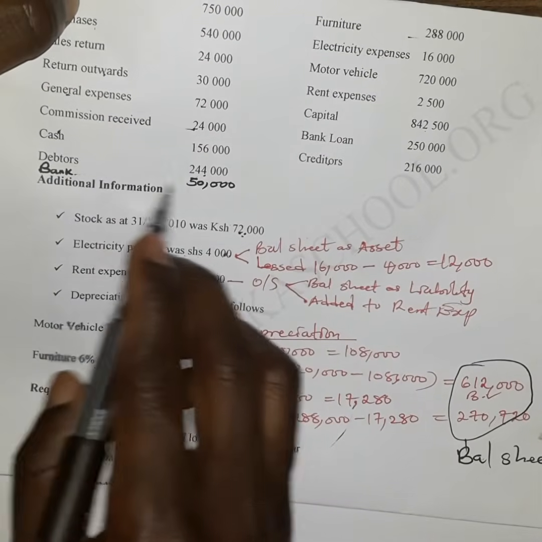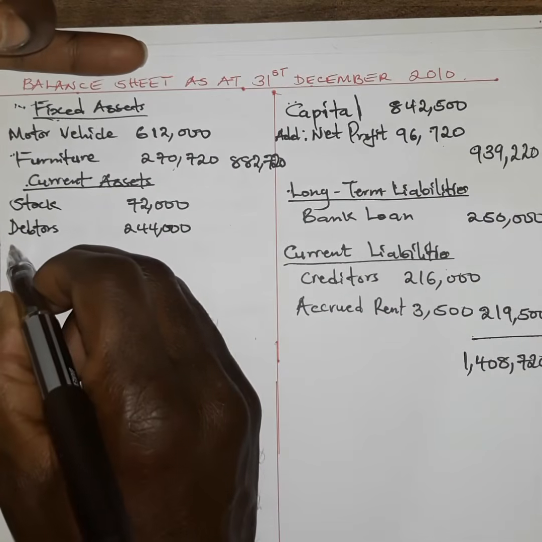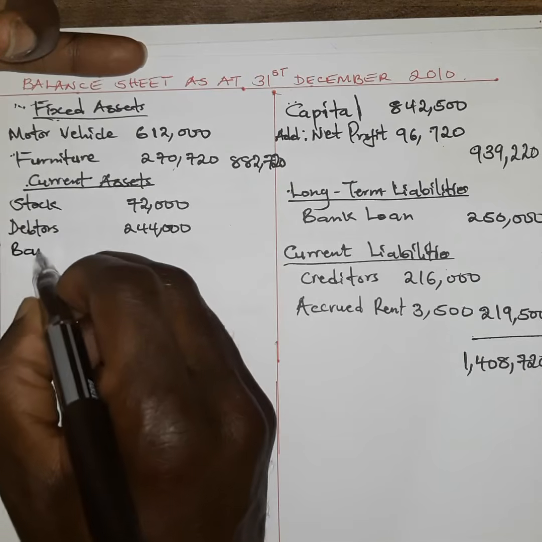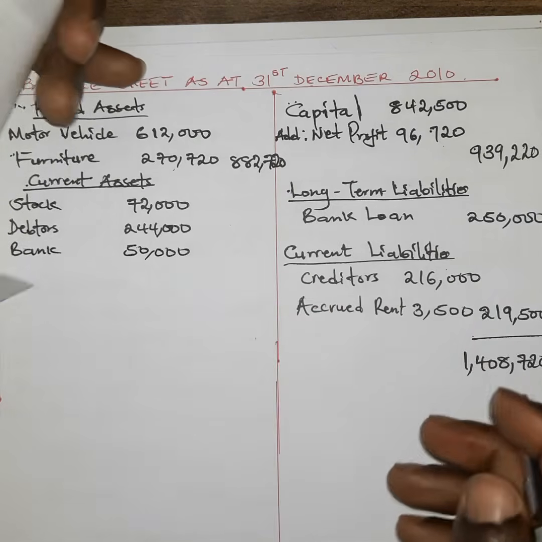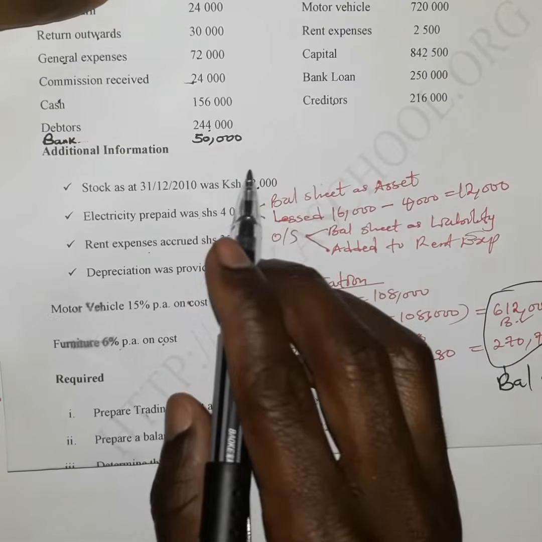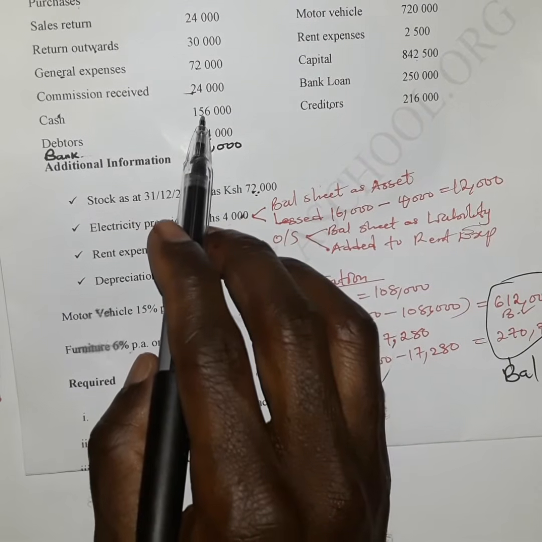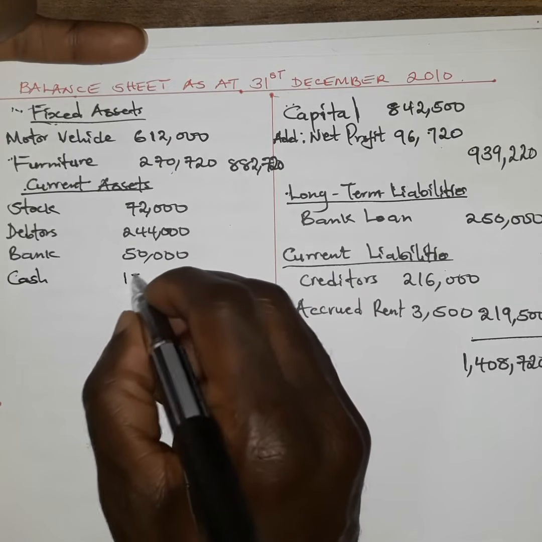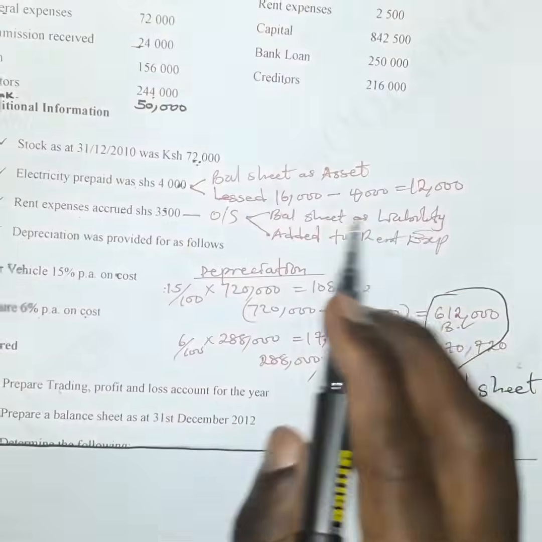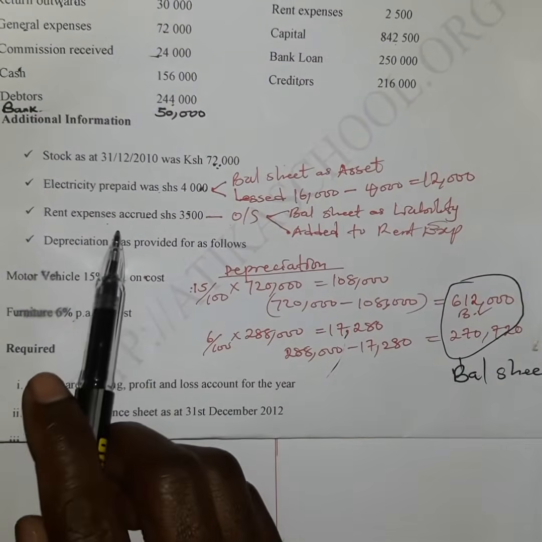We are given money in the bank as 50,000. And cash, finally, we have cash as 156,000.